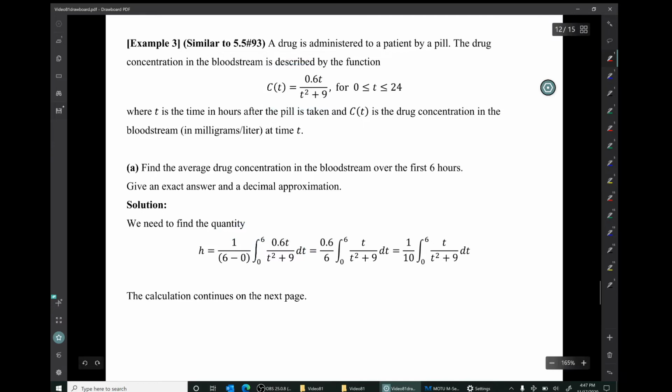Because of the constant multiple rule, I can pull this 0.6 out front, so we end up with 0.6 over 6. Well, 6 over 6 would be 1, so 0.6 over 6 is just equal to 1 over 10. So the quantity that we are looking for, our h, is given by this integral formula, 1 over 10 times that definite integral. I'll do that calculation on the next page.